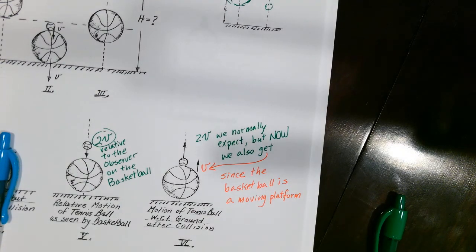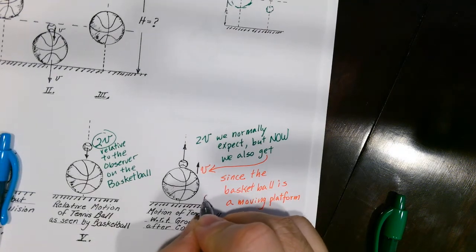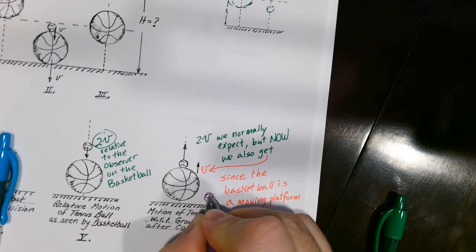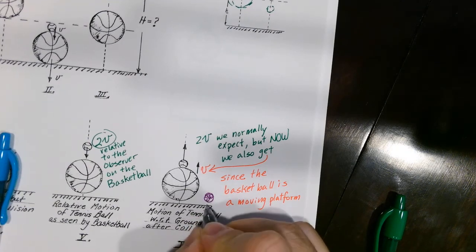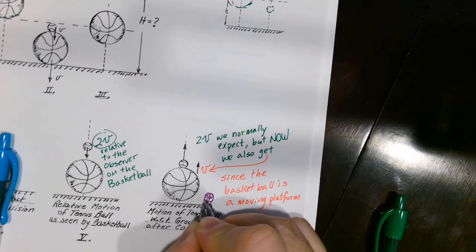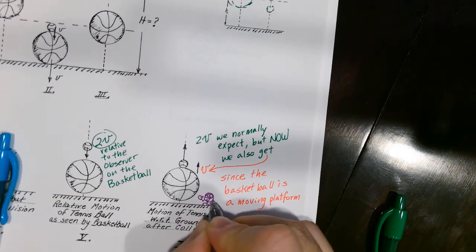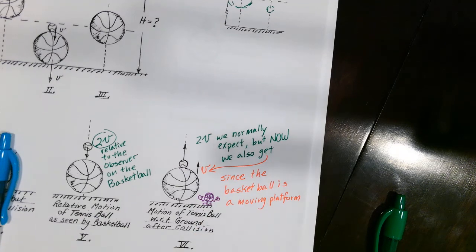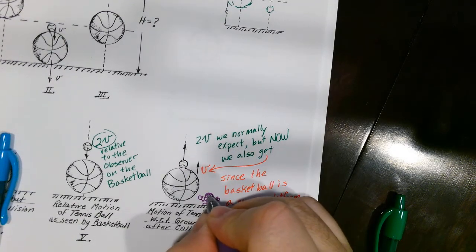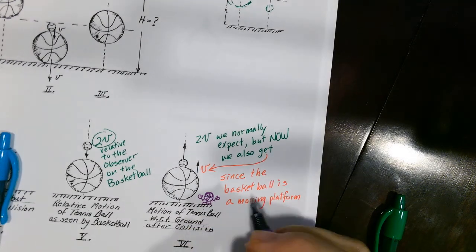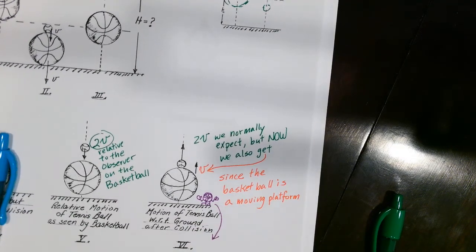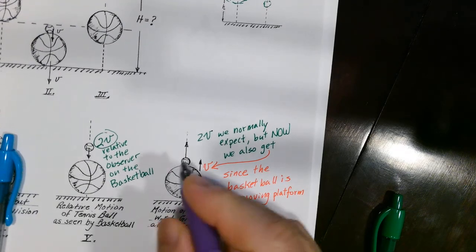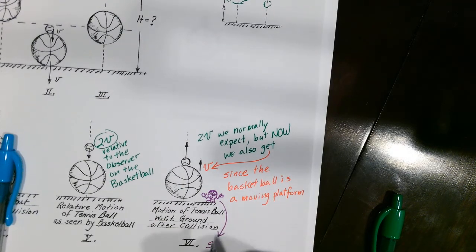So relative to the ground, if we were to observe from the ground, the tennis ball is going to be moving 3 times v.